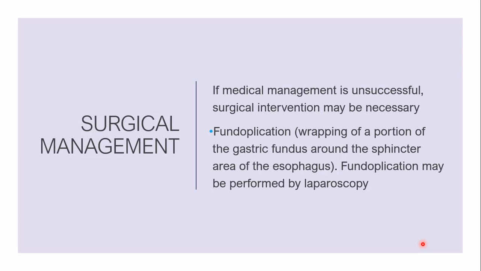When you study anatomy, you can see where the fundus is actually located. So we are going to take that portion, the gastric fundus portion, and we will wrap it around the sphincter area of the esophagus. So what happens here is that the contractility of the sphincter, we are just trying to bring it back to the normal state by doing so.